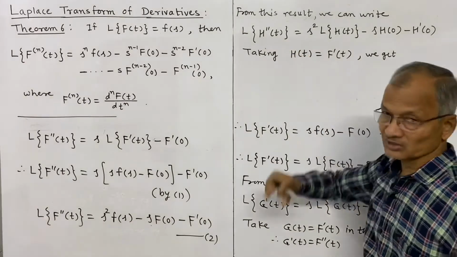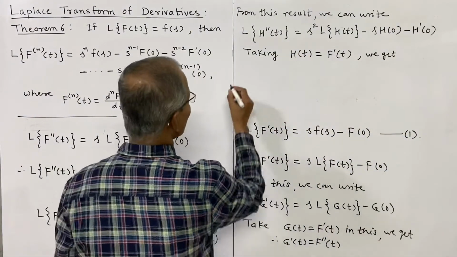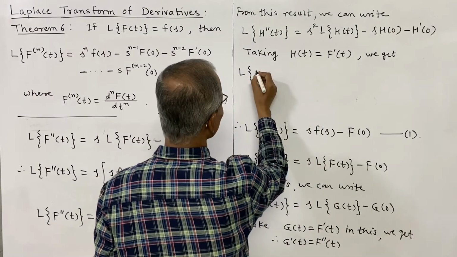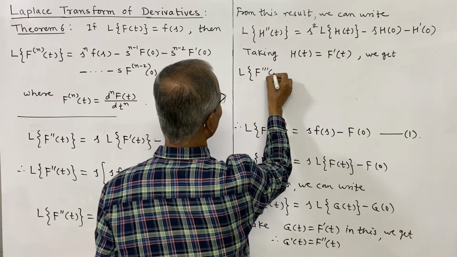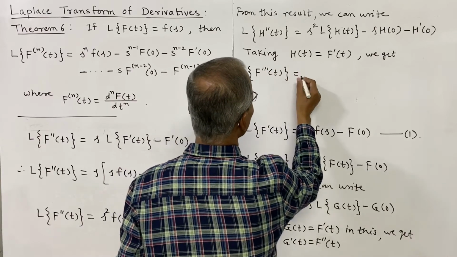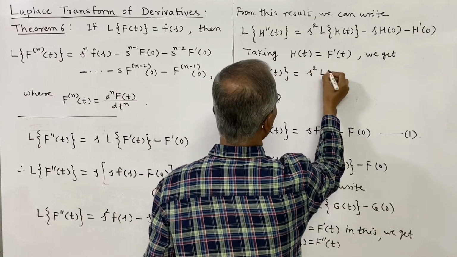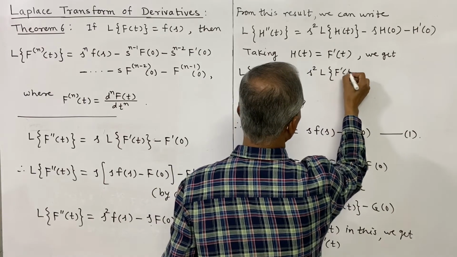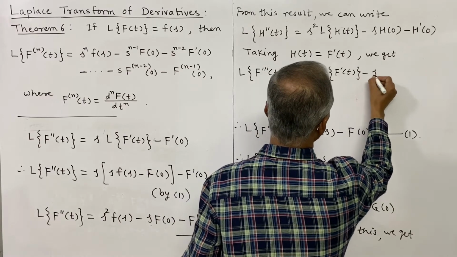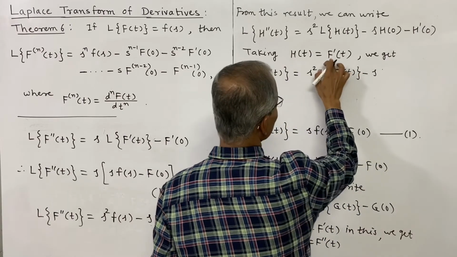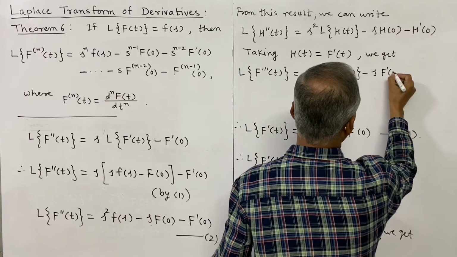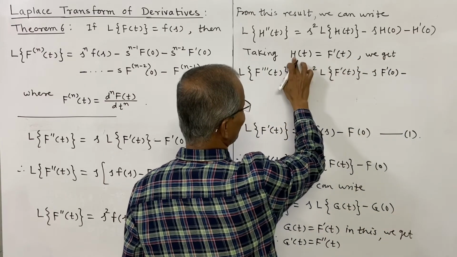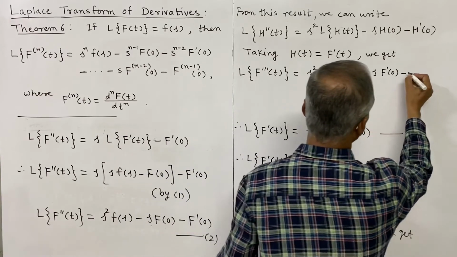So in this result we shall write L of the second order derivative of h, which is the third order derivative of f at t, is equal to s square L of h of t, which is f dash of t, minus s h at 0, meaning f dash at 0, and minus h dash at 0, which will be f double dash at 0.